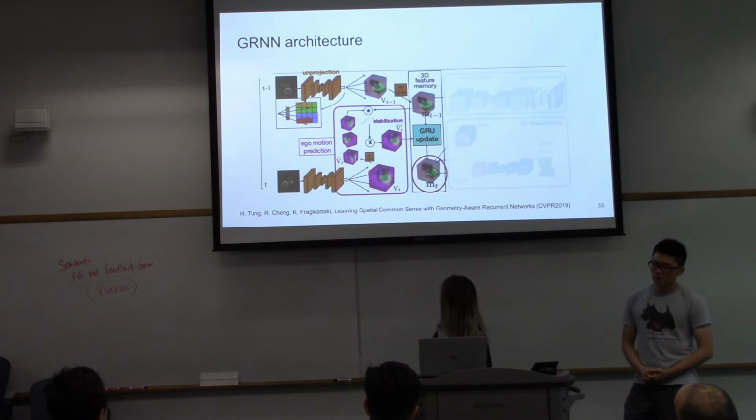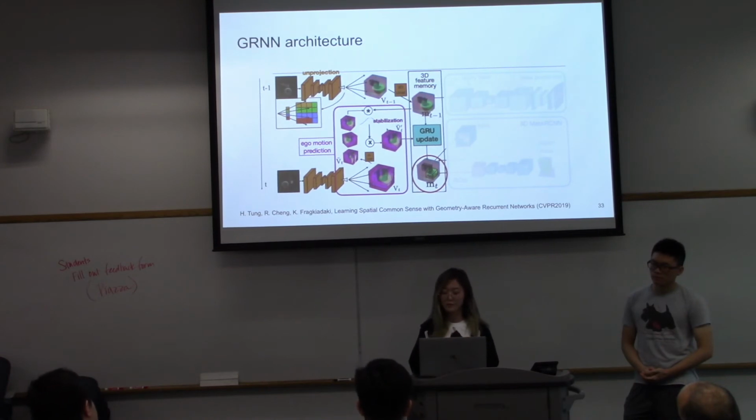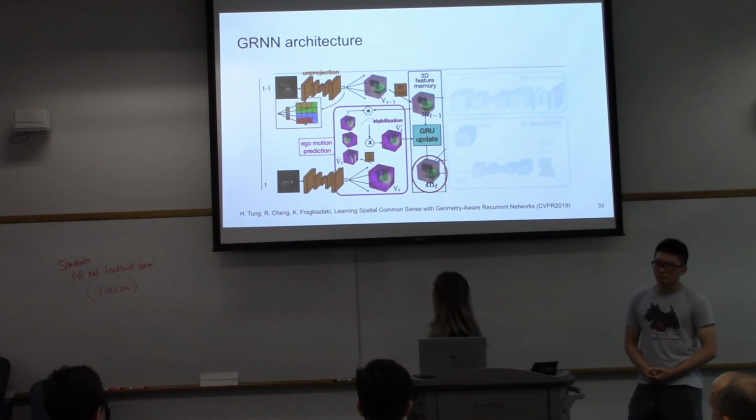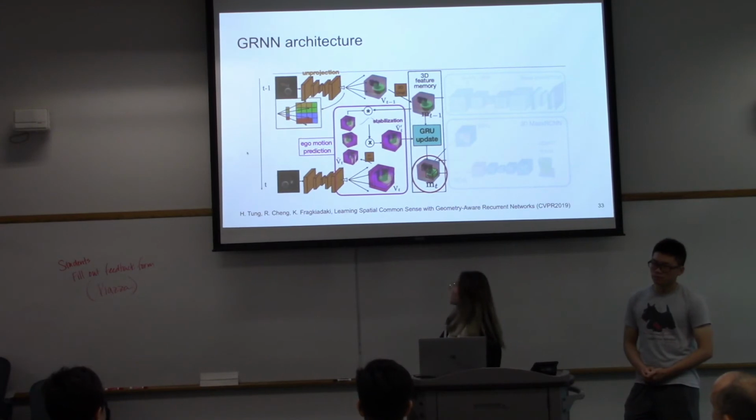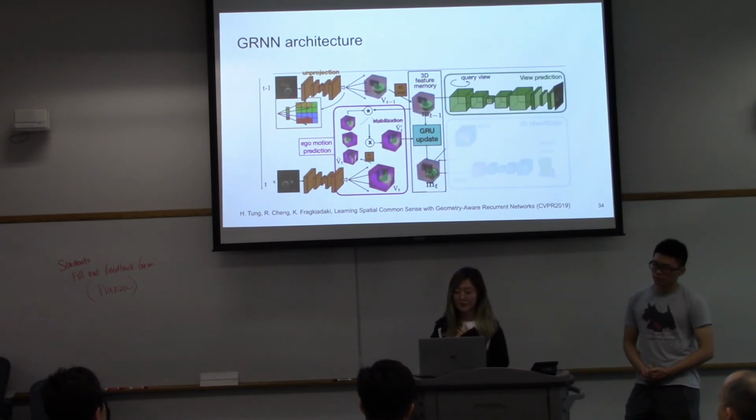And then it will be sent to the GRU to update the GRU memory state to a new memory state NT. And this is the updated latent representation after seeing this new view. So it can aggregate multiple views' information and keep updating the latent representation through new viewpoints.